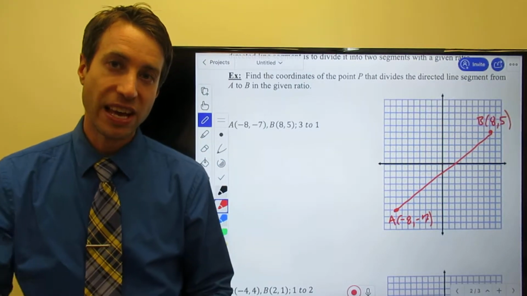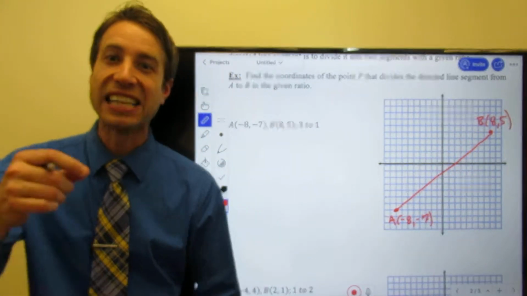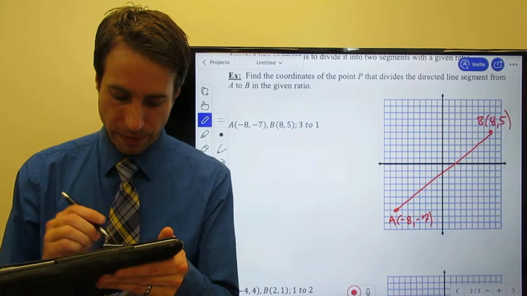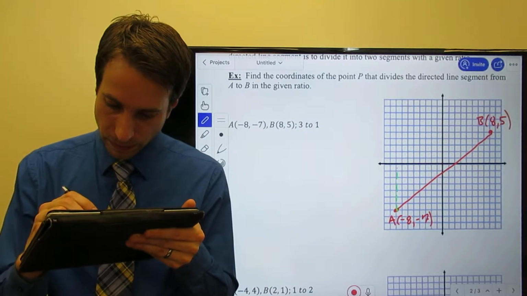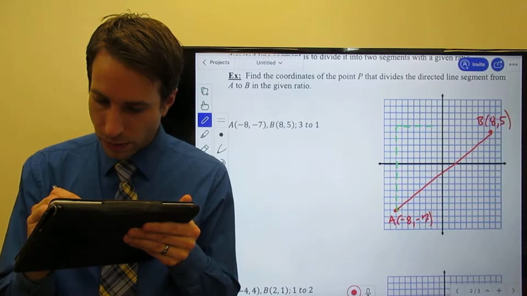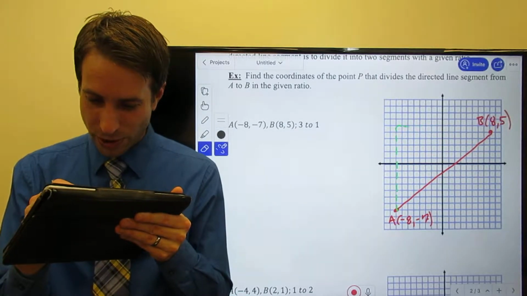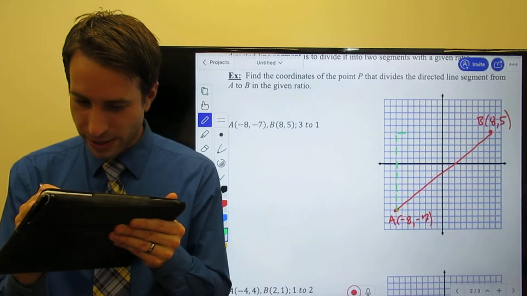Here's what we're going to do. Simply take your directed line segment and split it up into rise over run. Rise over, oh, I missed it. I went one too high. Sorry, my bad. There we go, try again. There it is.